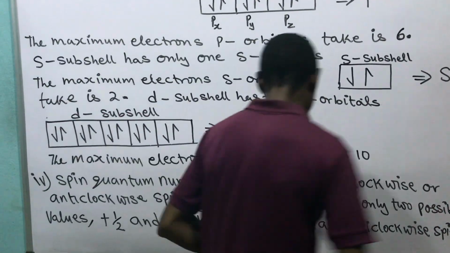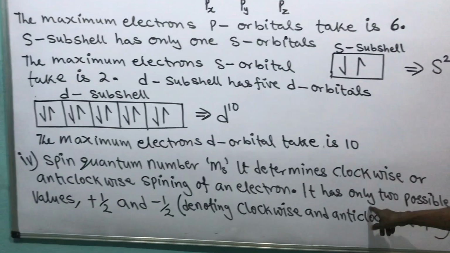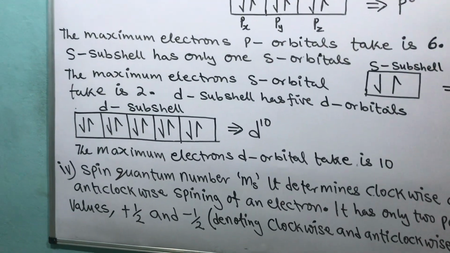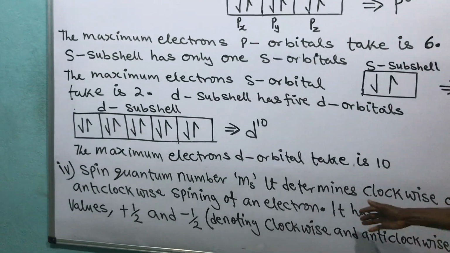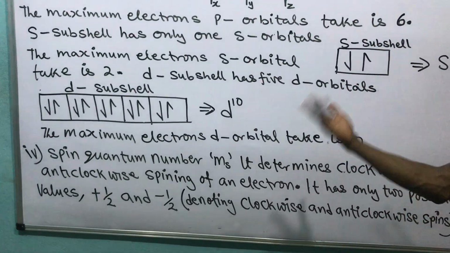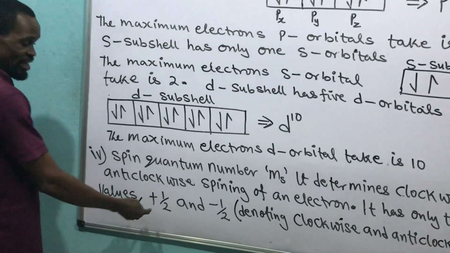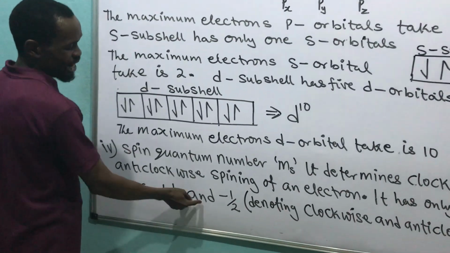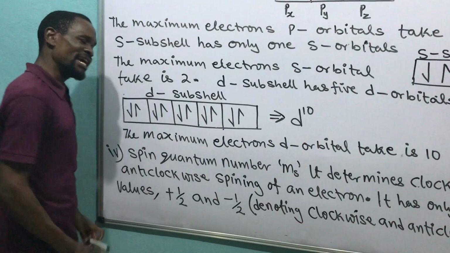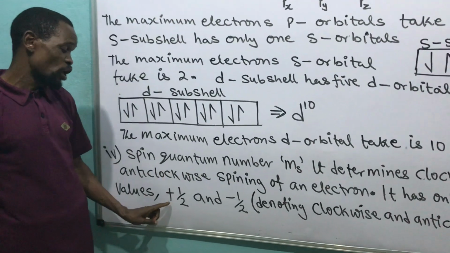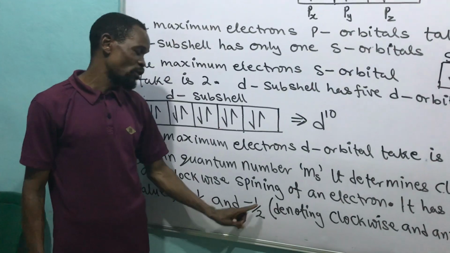And what value does it have? It has only 2 possible values. The 2 possible values it takes are positive 1/2 and negative 1/2.